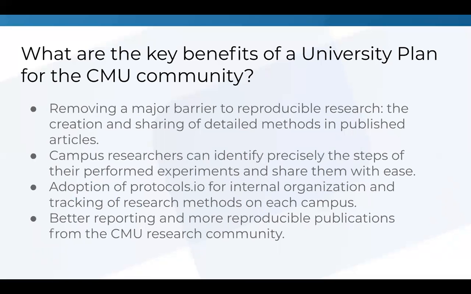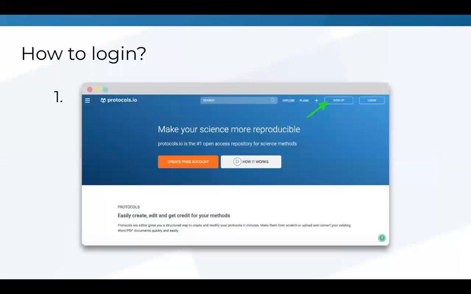Another thing is the adoption of protocols.io for internal organization and tracking of research methods on campus, which can be really helpful to make research go faster and be more reproducible. And better reporting and more reproducible publications for the CMU research community is another key benefit.